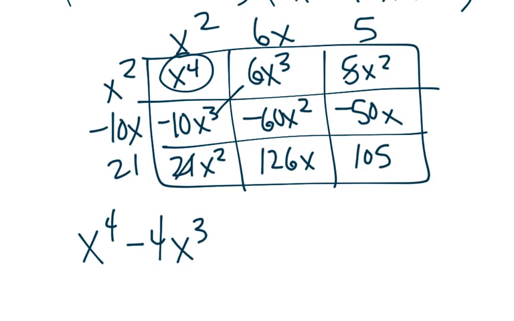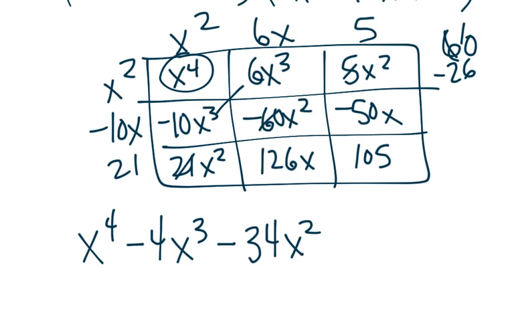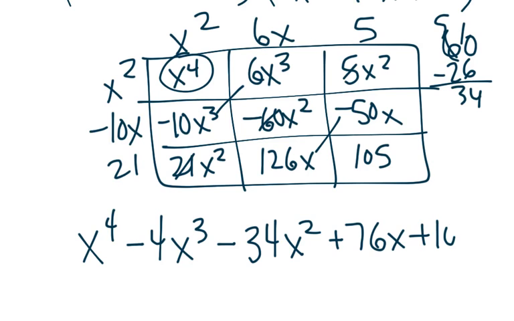5 and 21 would make 26, minus 60 would be negative 34x squared, right? I've already made enough mistakes, so I should probably fix that, yeah. Then 126 minus 50 would be 76x plus 105.